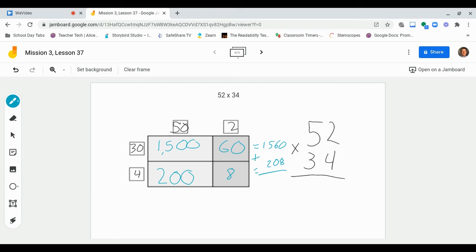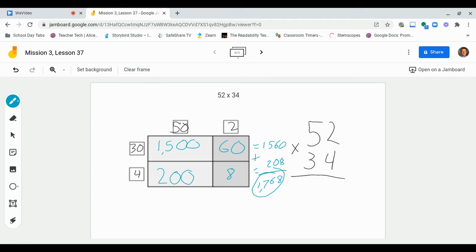Now I'm just going to add them. 8 plus 0 is 8. 6 plus 0 is 6. 2 plus 5 is 7. And then 1 plus nothing there is 1. So 1,768.